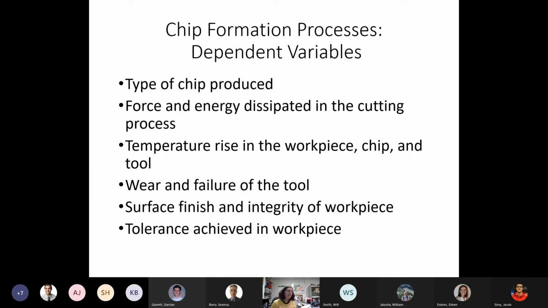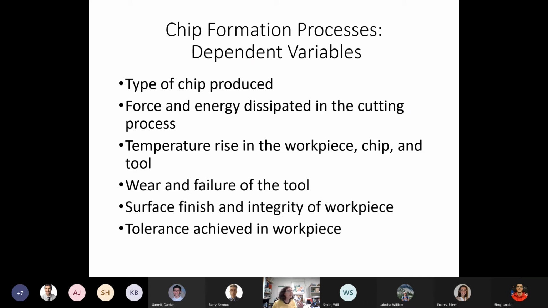Now our dependent variables often are what we're interested in. So the type of chip produced. We don't have time to go into this, but there are different kinds of chips.